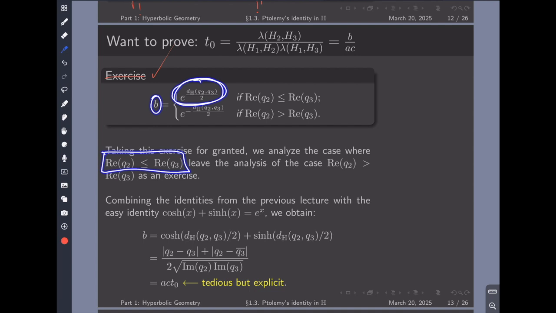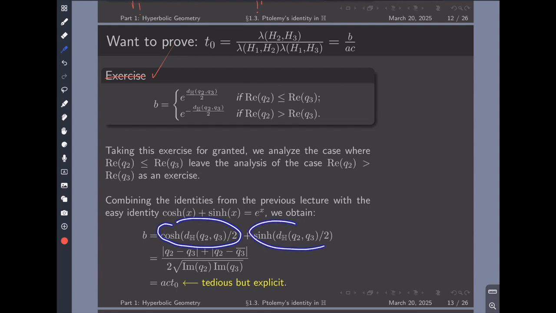B is the exponential of something to the half, which is a cosine plus a sine. So I just divided cosine plus a sine. Okay, so I used only this identity applied to this.